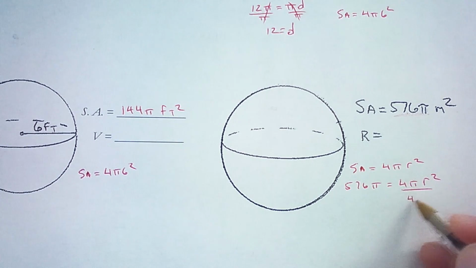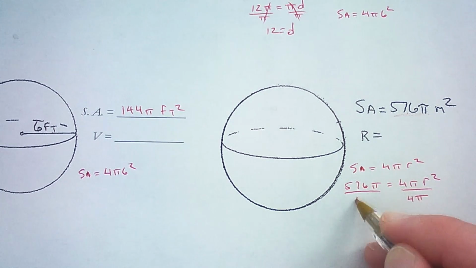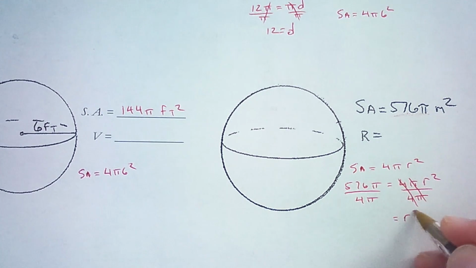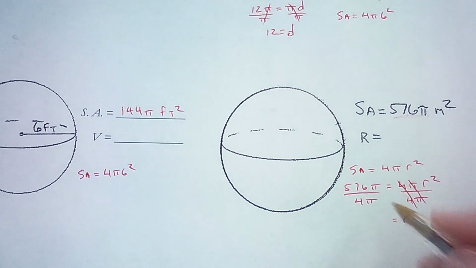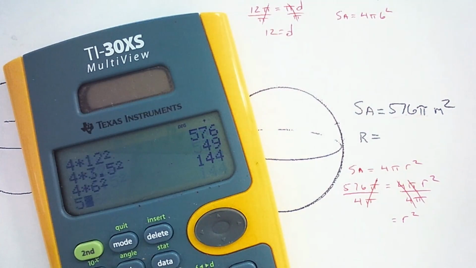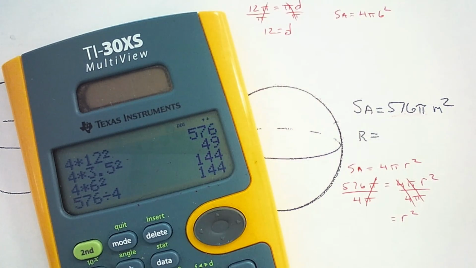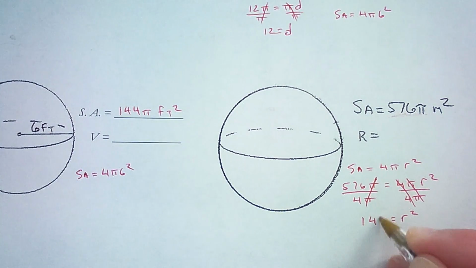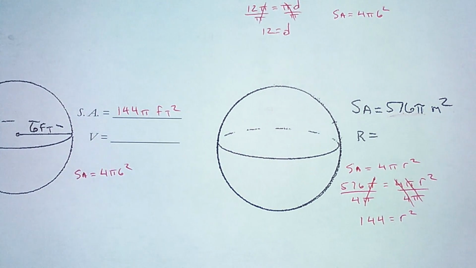So let's divide both sides by 4 and pi. And on the right side, 4 and pi both cancel, leaving us with r squared. On the left side, the pi's cancel, and we have 576 divided by 4, which is 144. So we have 144 equals r squared.